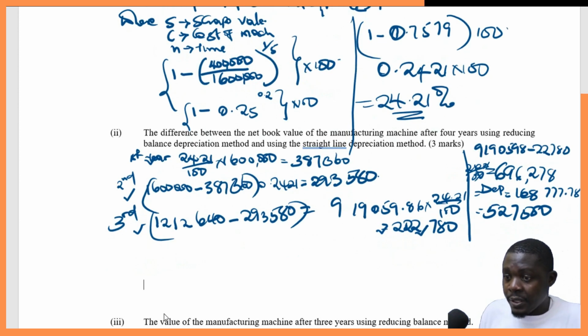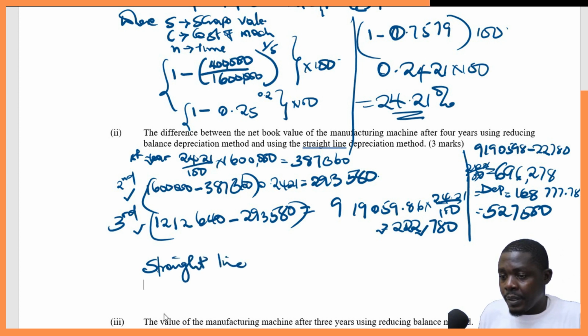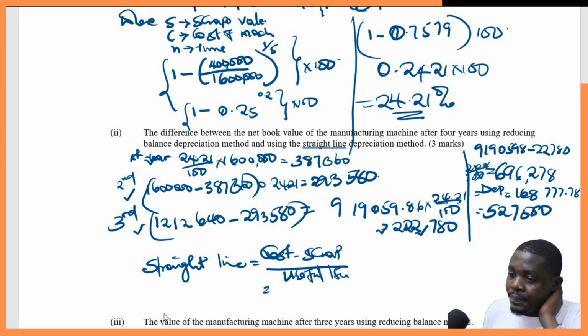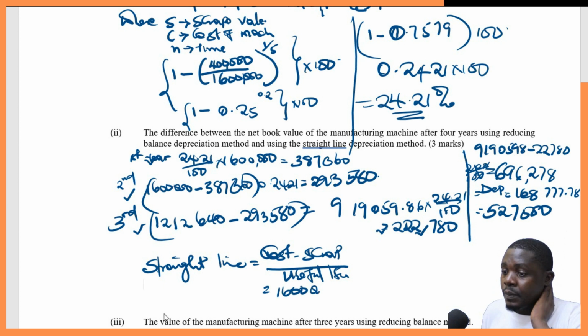Now straight line method, you're just going to take cost minus scrap, everything divided by the useful life. Therefore we are having 1,600,000 minus 400,000, everything over 5.